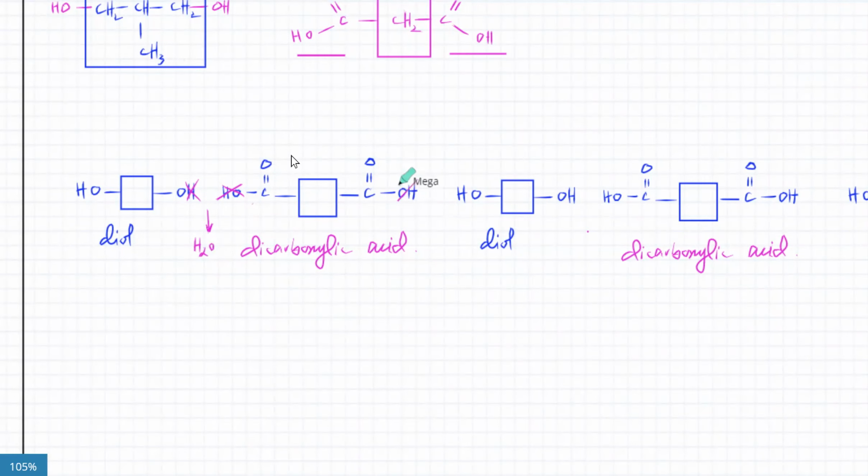The carboxylic acid loses its OH, the alcohol loses its H. The two are going to get together to form H2O. फिर आगे भी चलेगा. The carboxylic acid loses its OH, this loses its H, and together they end up forming H2O. Same thing over here as well.